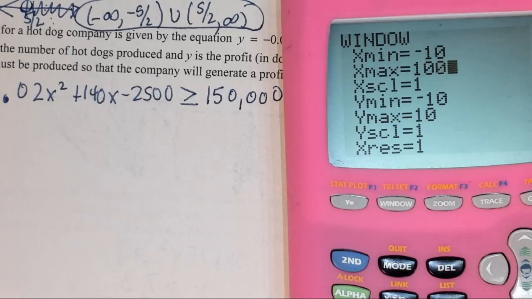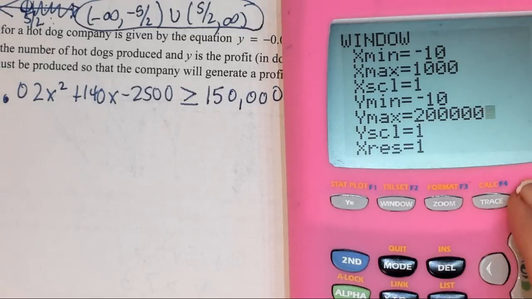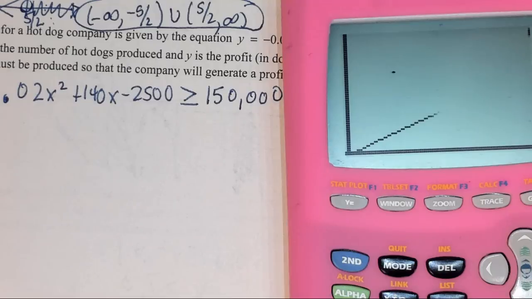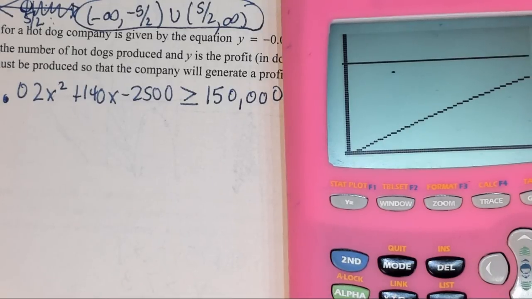Maybe I'll make this 1,000. Now, what's the profit we want to have at least? 150,000, right? So I'm going to have to make this y max bigger than 150,000. Let's try 200,000. And now we'll hit graph and see if it works. Uh-oh. What do I have to do?